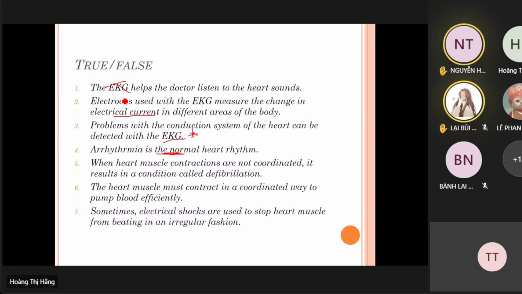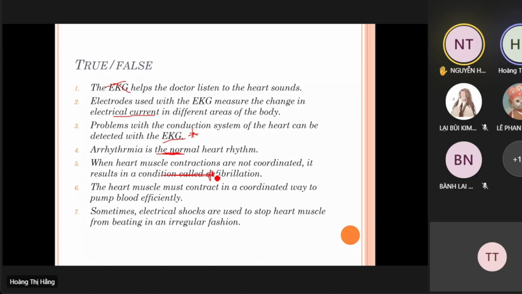It's false. When the heart muscle contraction are not coordinated, it results in a condition called fibrillation. Fibrillation. Okay, fibrillation.